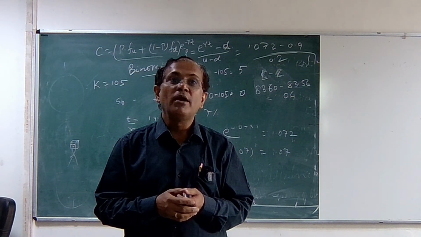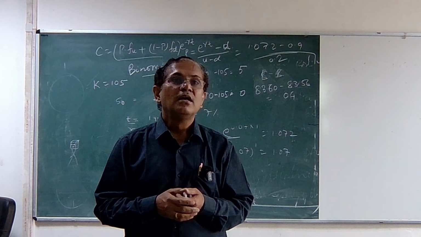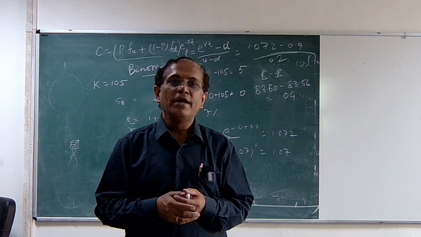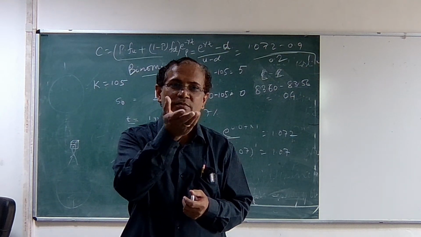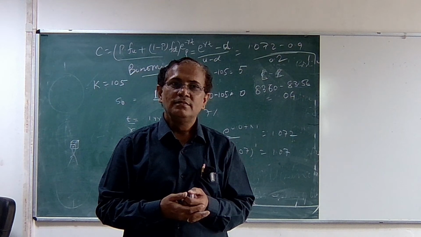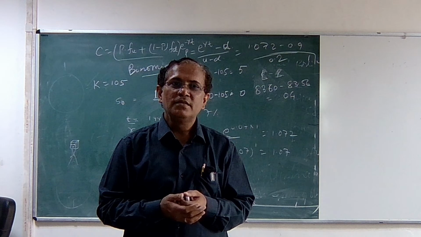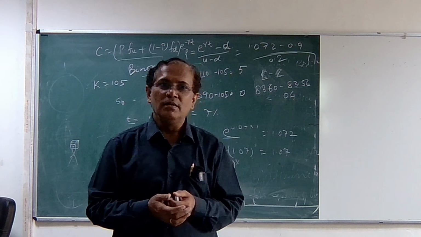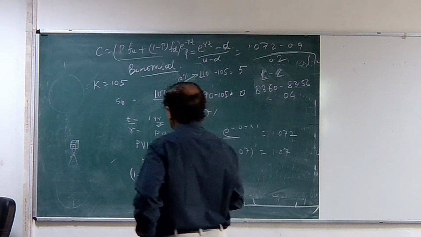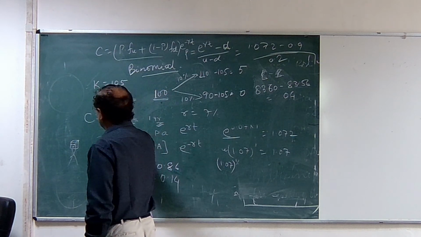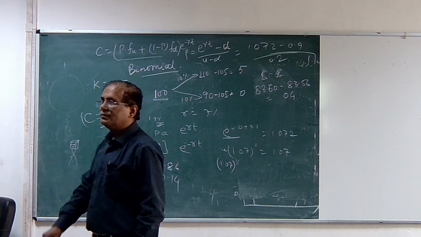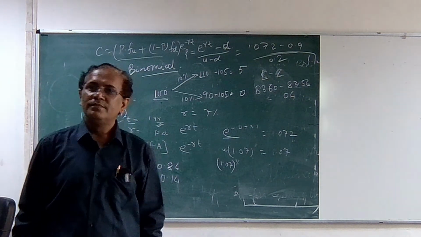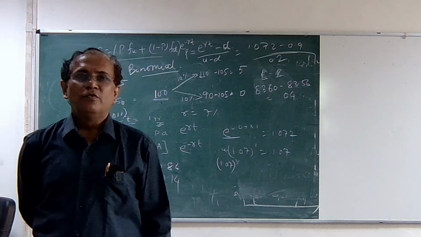It will ultimately be 0.9328. Okay, 0.9328 multiplied by 4.3, whatever is coming, gives 4.011. 4.011 is going to be your call premium. This is the value.